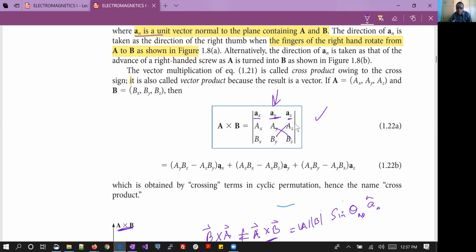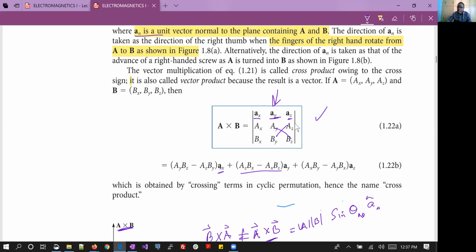You say AY BZ minus AZ BY, and you get the coefficient of i. When you are doing the one for Y, we normally interchange them. So we follow the general rule of multiplying, not matrices per se, but multiplying this magnitude. I think the correct term to use is the magnitude.